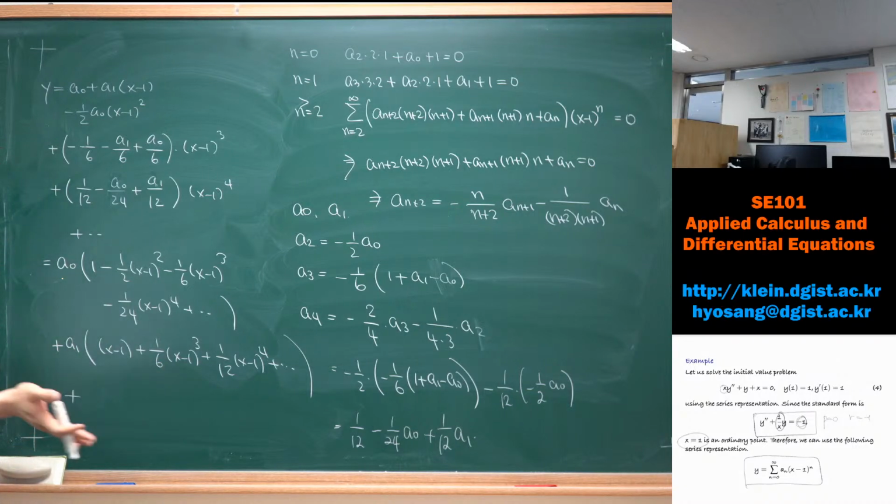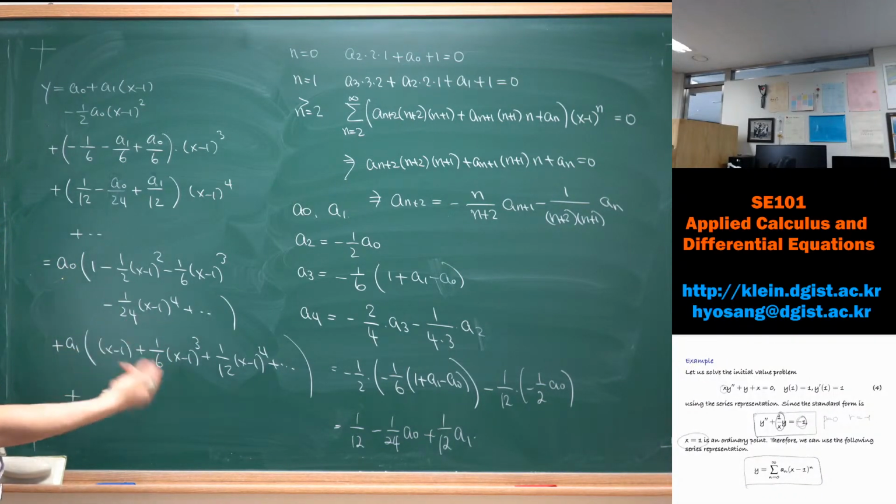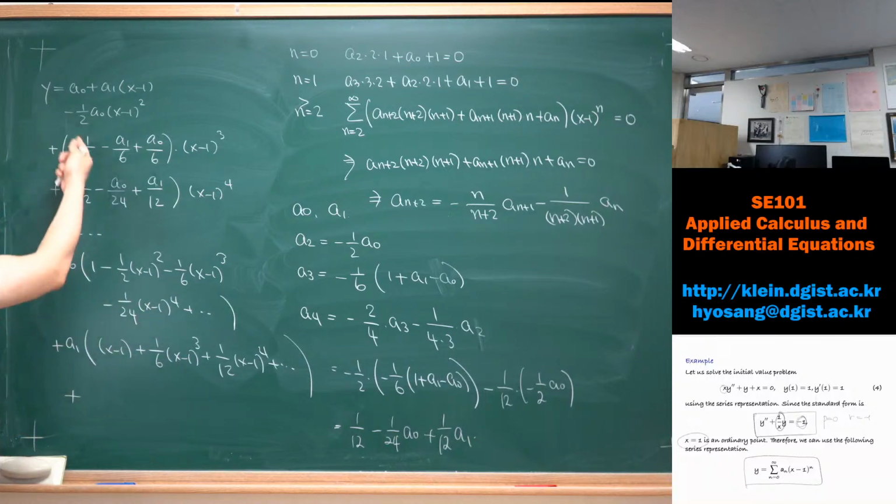And it's different from the previous example. So the previous example only had a solution which is a linear combination of A0 times the fundamental solution plus A1 times fundamental solution. But here we have another term which doesn't contain A0 or A1.